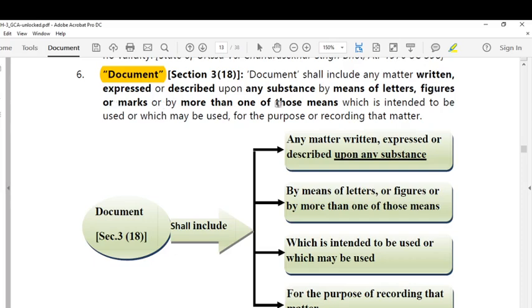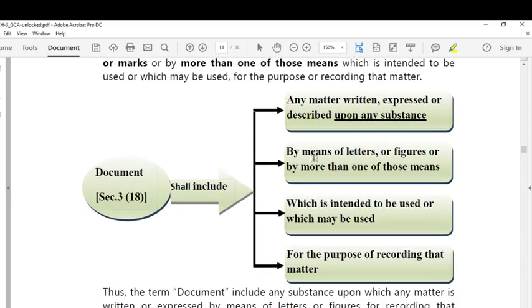by more than one of those means, which is intended to be used or which may be used for the purpose of recording that matter. Document shall include any matter written, expressed, or described upon any substance.